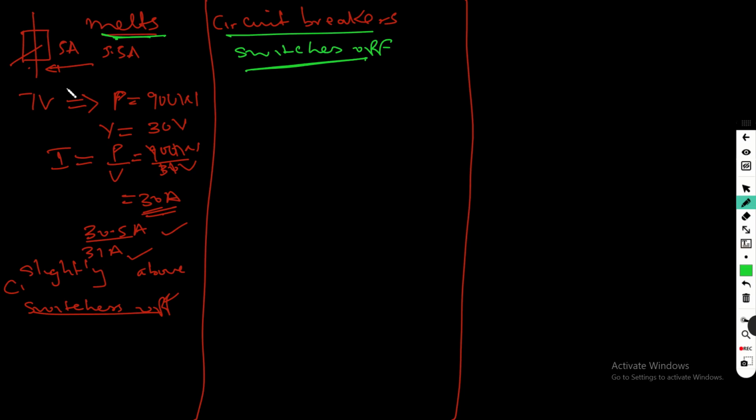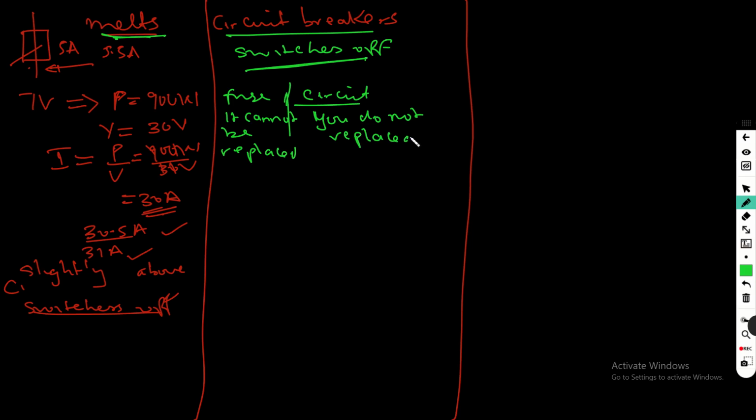Between the fuse and the circuit breaker, you do not need to replace the circuit breaker, but the fuse you need to replace, because when it melts, that's it, you throw it.